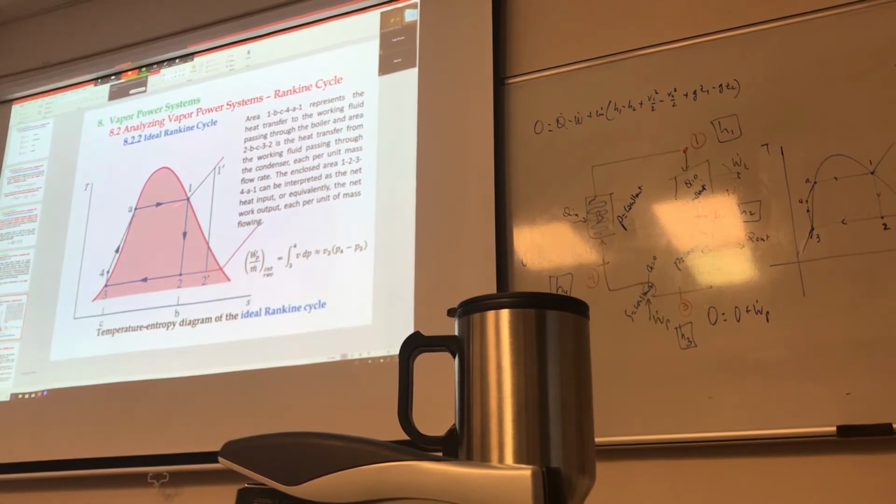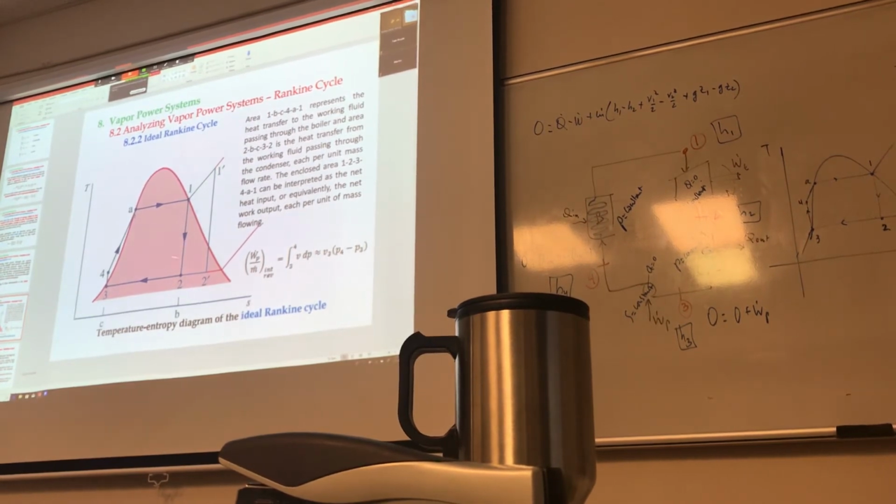So the area here between 1, B, C, this and that, that's the heat added, the heat added right here because we're going in that system. Whereas the area that goes to BC3, this heat here is the heat that is removed at the condenser level.